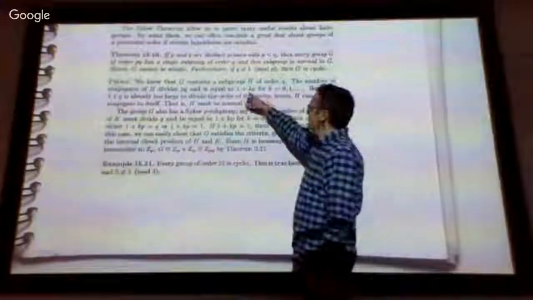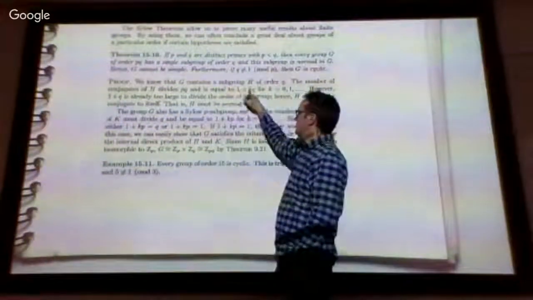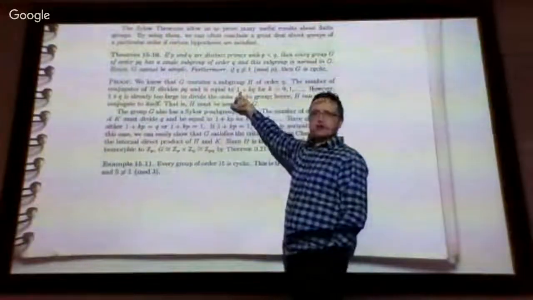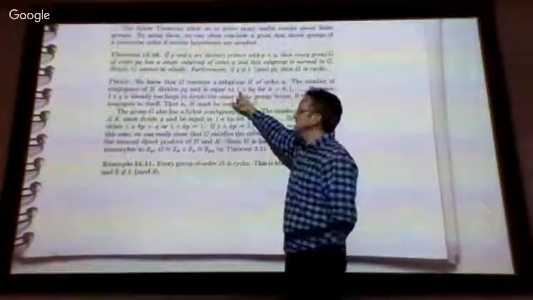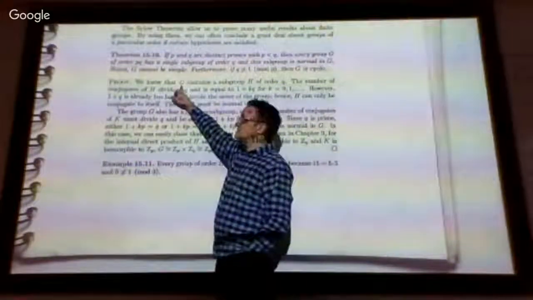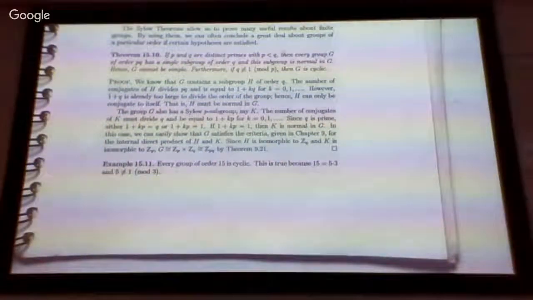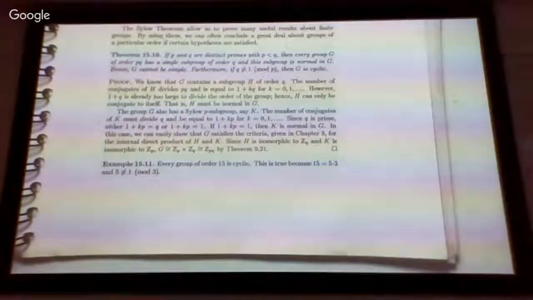But you see, it can't be any of the options q plus 1 or 2q plus 1 or 3q plus 1, because all of those are too big to be a divisor of the size of G, since the size of G is p times q. So 1 plus q is already too large to divide the order of the group.